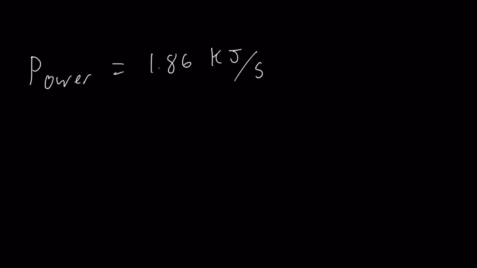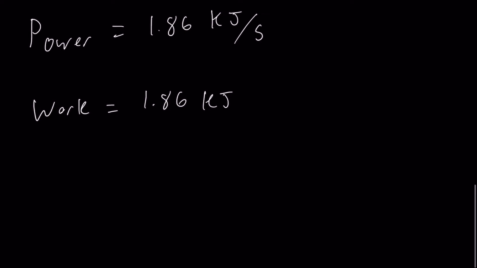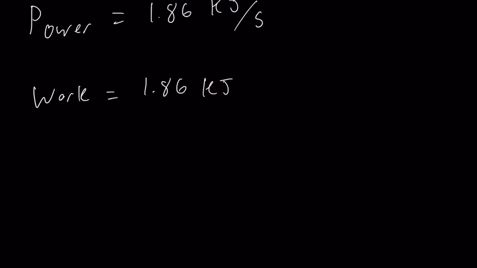So in 1 second, we're using 1.86 kilojoules of energy to operate this engine, this heat pump. Okay? So over the course of an hour, we need to know how many seconds there are per hour.